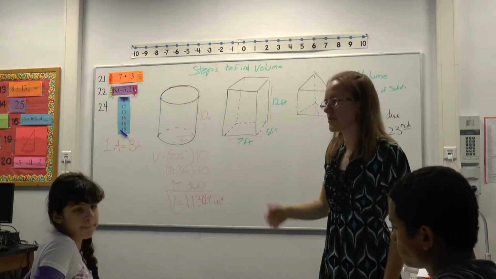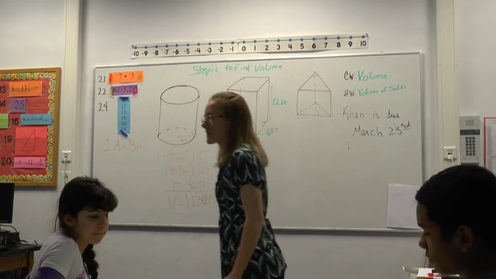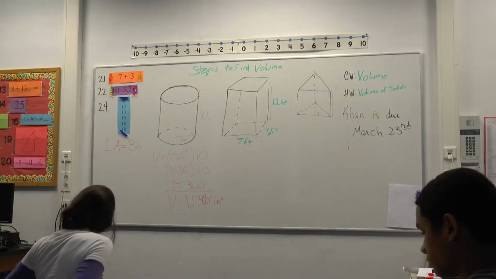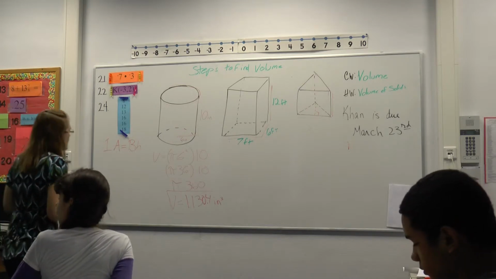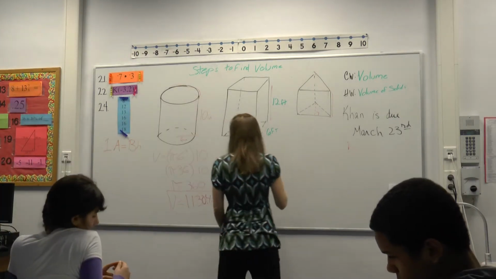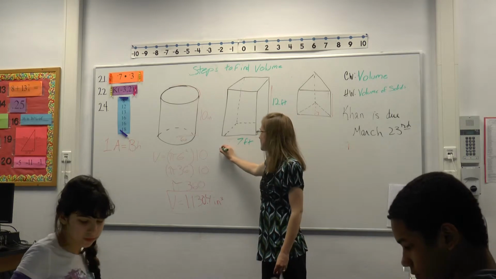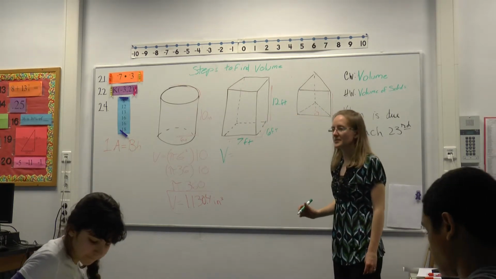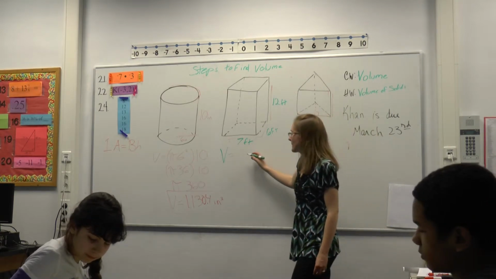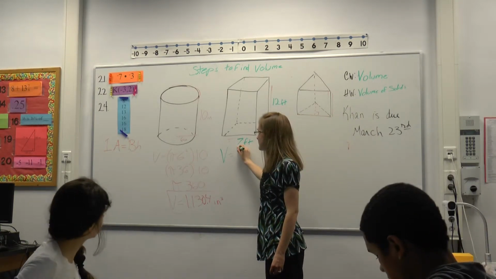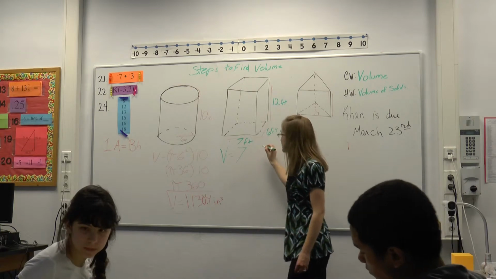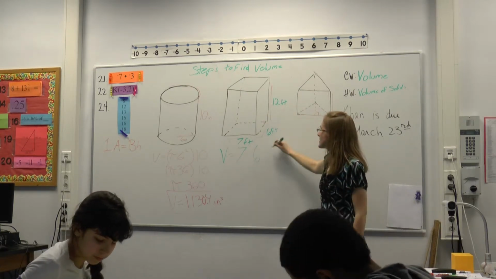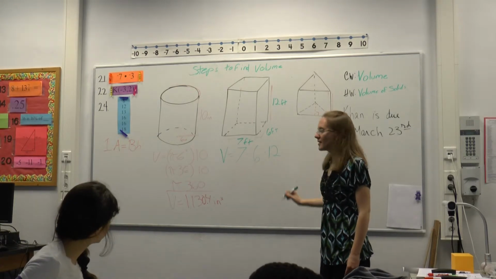You could continue writing in your drill book if you want. The volume formula would be the length times the width times the height. So what's our length going to be? 7 times 6 times 12.